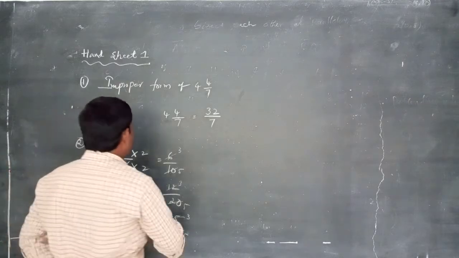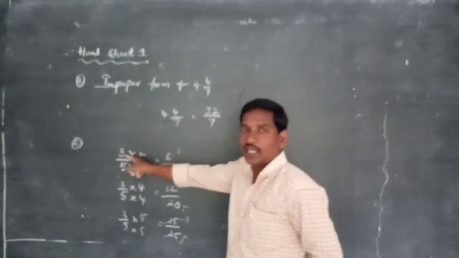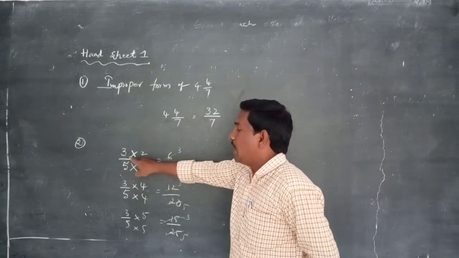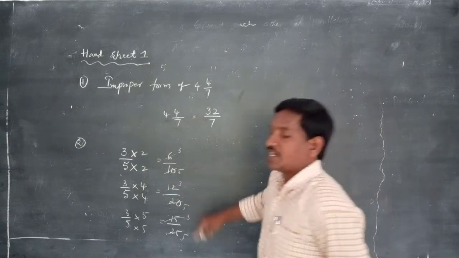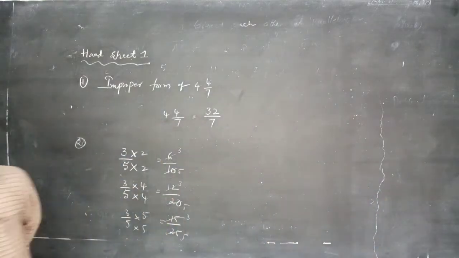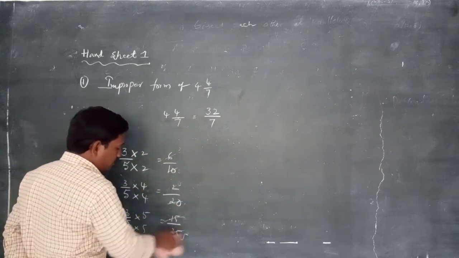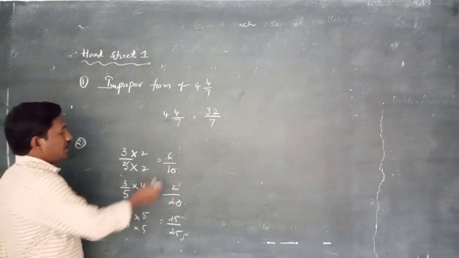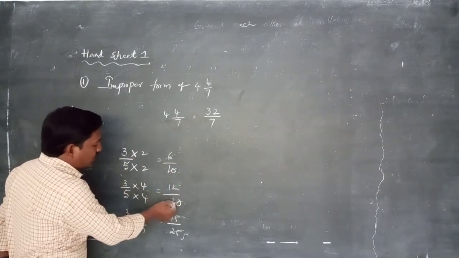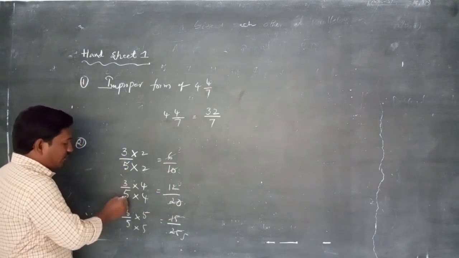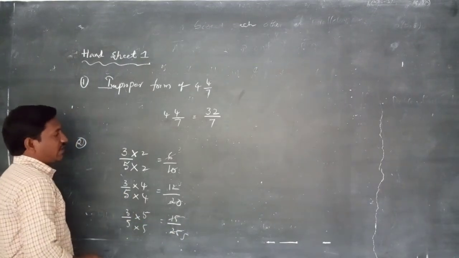So if the numerator and denominator of a fraction are multiplied by the same constant value, we get equivalent fractions. 6 by 10 is the equivalent fraction of 3 by 5. 12 by 20 is the equivalent fraction of 3 by 5. 15 by 25 is the equivalent fraction of 3 by 5.